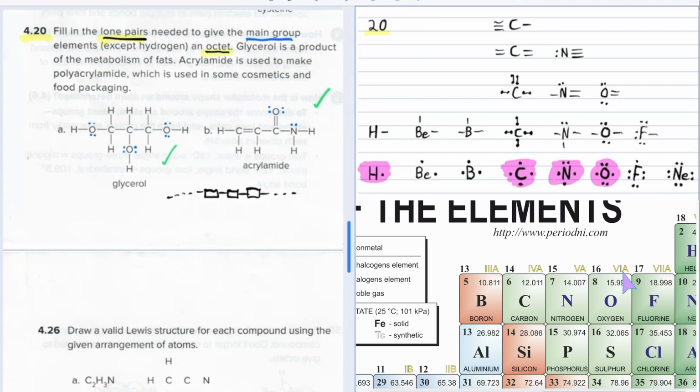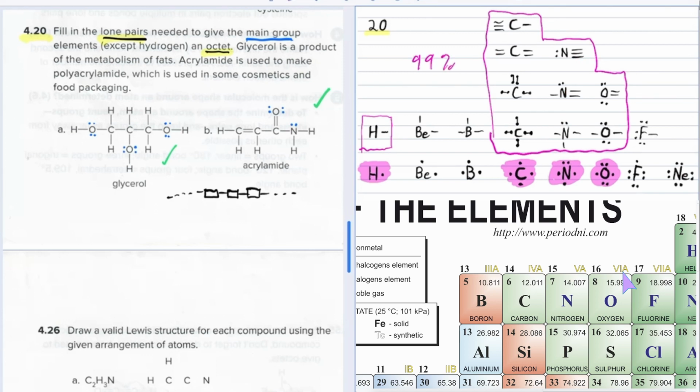Okay, now hydrogen doesn't get an octet. But the other ones do. So the carbons and the nitrogens, the oxygens, you should memorize what the bonding patterns for these guys look like. 99% of the time, that's what the bonding patterns look like.